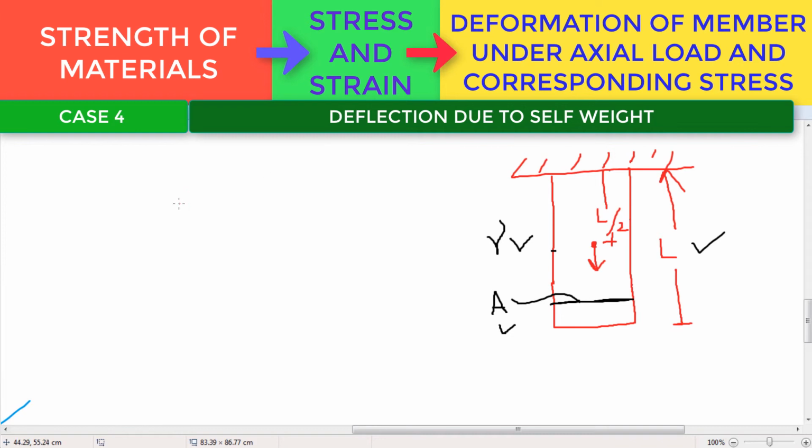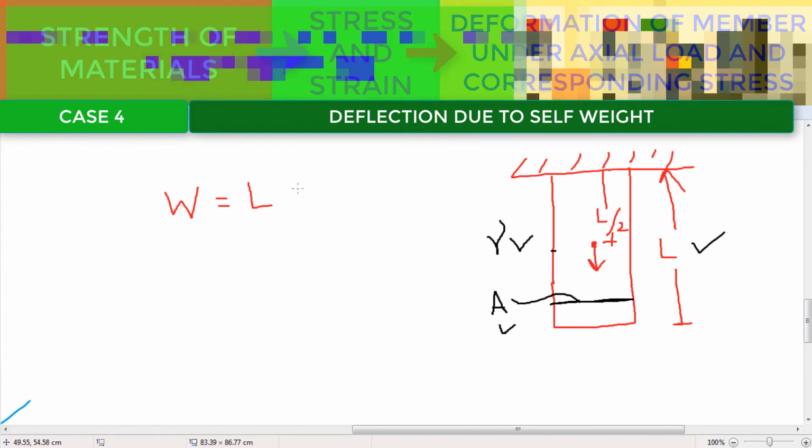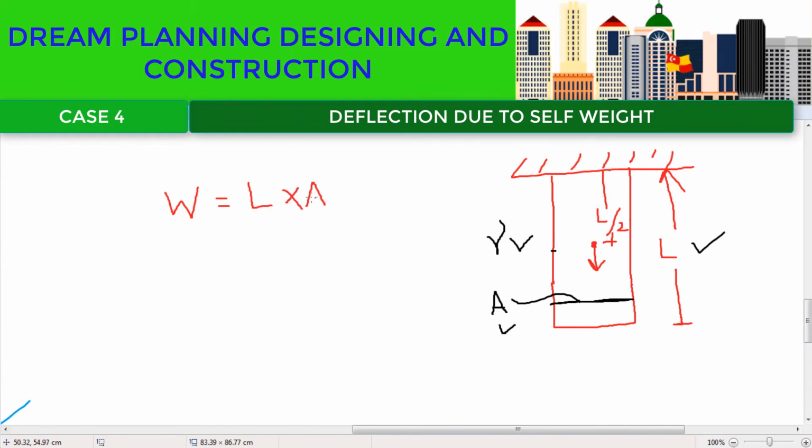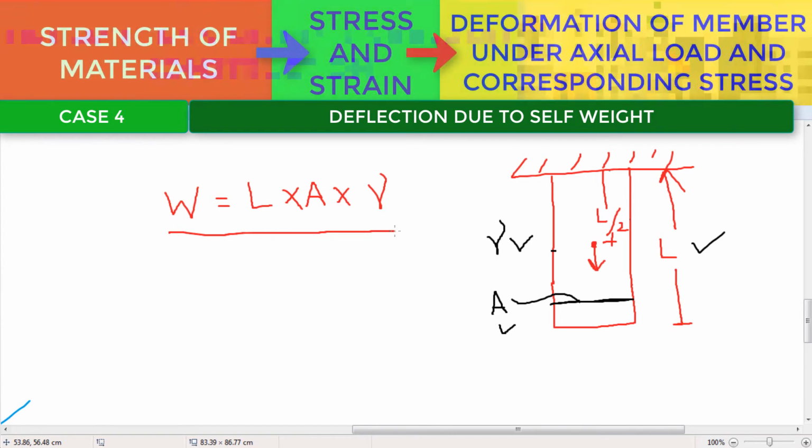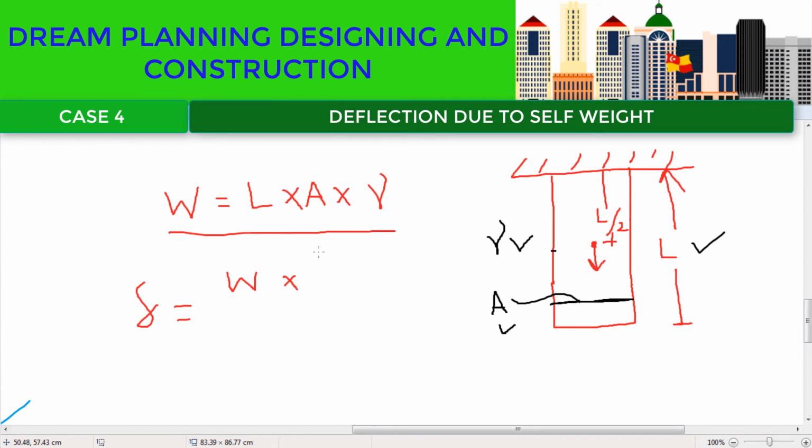So here the total load W equals total length into area, that means total volume, into unit weight gamma, that is the total weight of this body. And δ equals PL by AE. Here P equals W, and L acts only from the CG, that is L by 2.